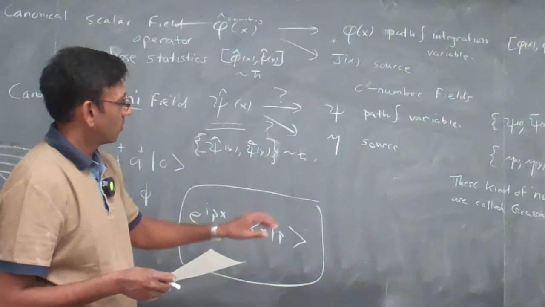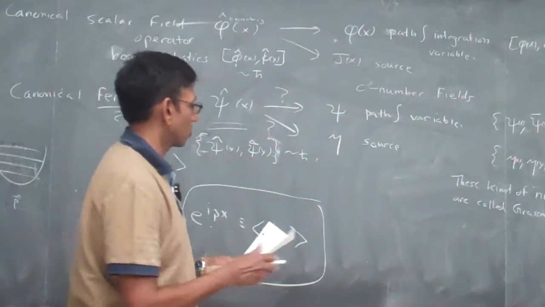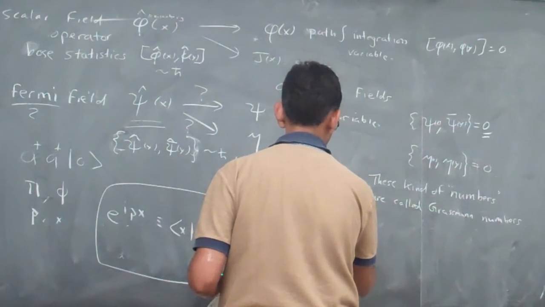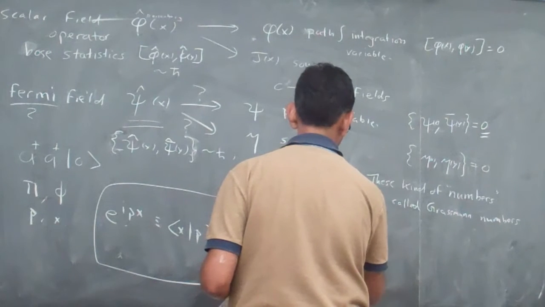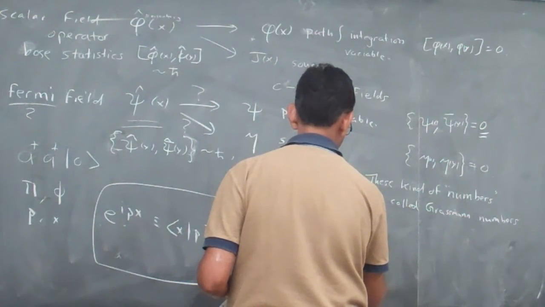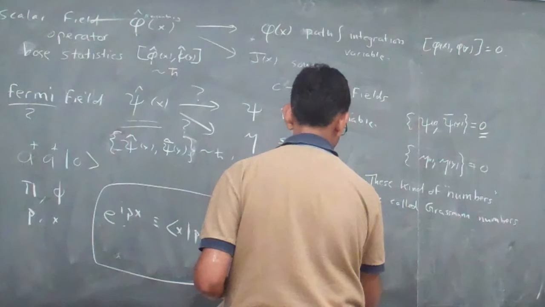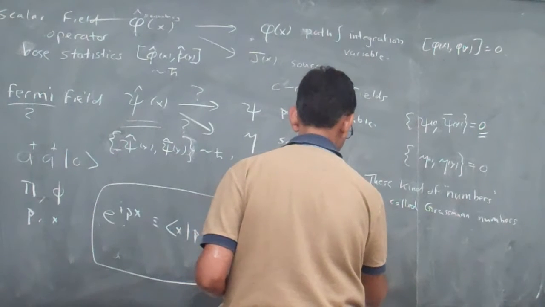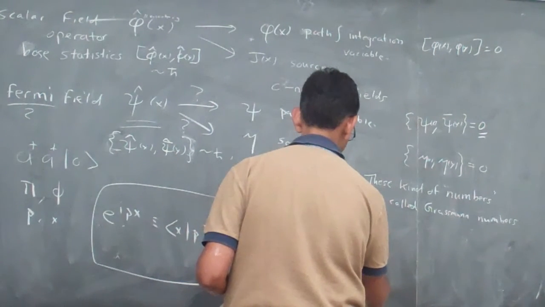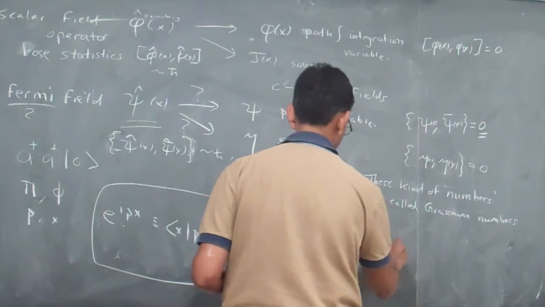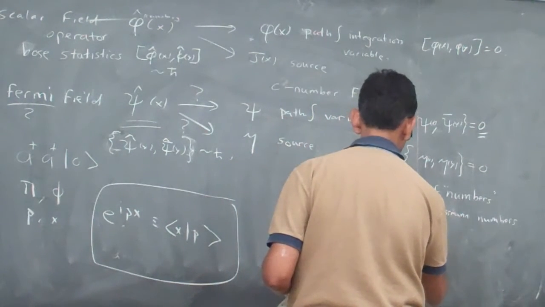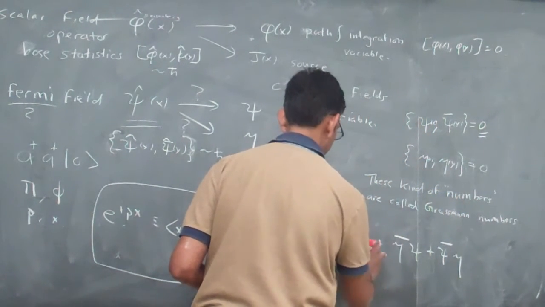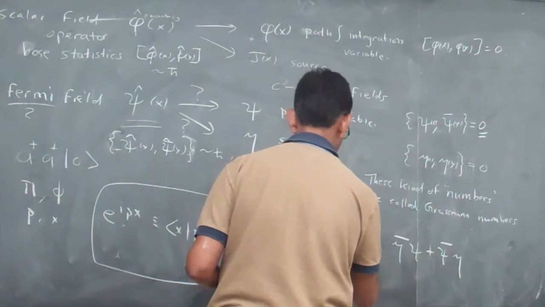Indeed, when we think of adding a source term, H equals H plus H source.